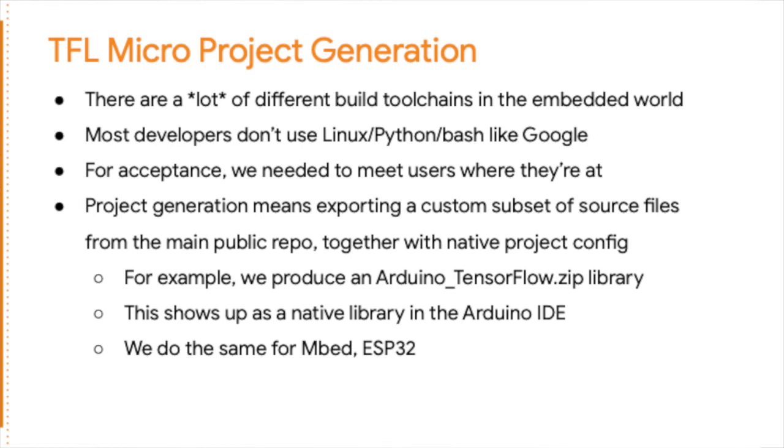But really what we try and do is make it so that you have a nice zip file full of source files that you can just drag into your IDE, and then things should automatically build there if you just build all of those files, so that you don't have to worry about using Linux and Bash and Python and everything like a lot of us in the research or academic or Google world expect to.